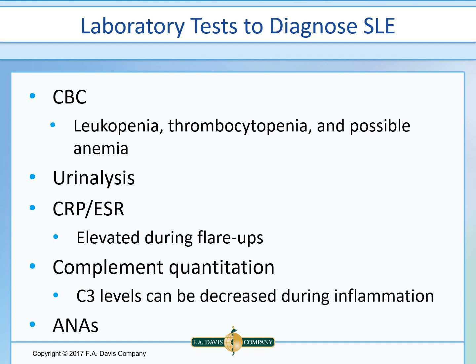C-reactive protein, or CRP, and ESR, the erythrocyte sedimentation rate, are two different tests that are indicators of inflammation, and these would be elevated during flare-ups. Complement quantitation can also be done, as complement 3 levels can be decreased during inflammatory flare-ups.